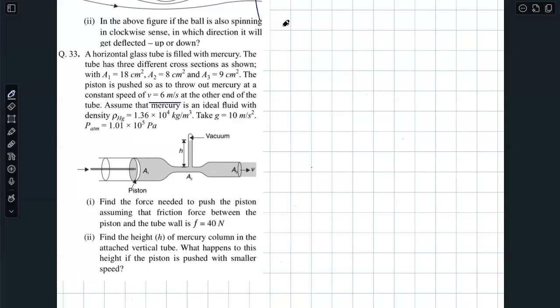Here you tell me whatever you want. A1 V1 is equal to A2 V2 is equal to A3 V3. Equation of continuity.